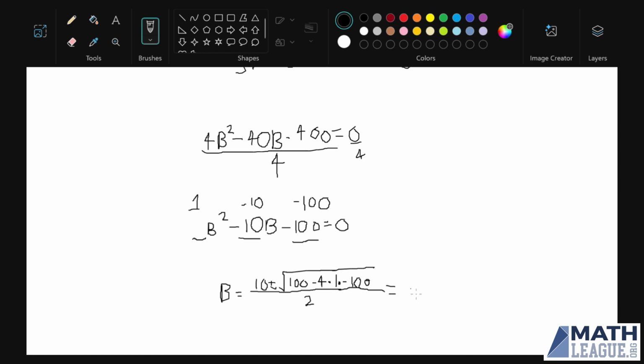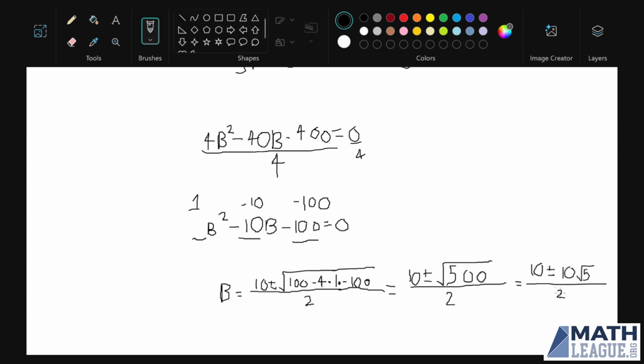So our square root comes to the square root of 500 over 2. And 500, that's going to be 100 times 5. So we can turn this into 10 plus or minus 10 root 5 over 2.